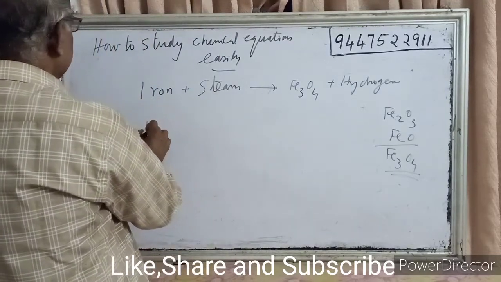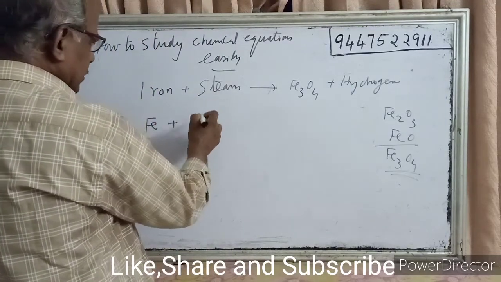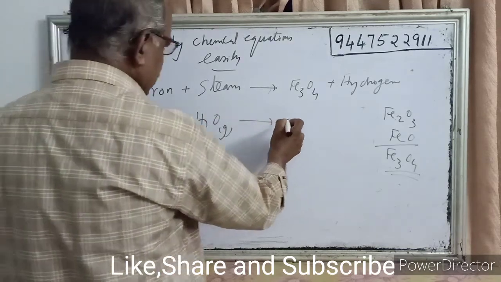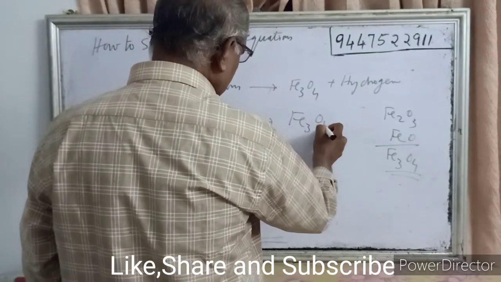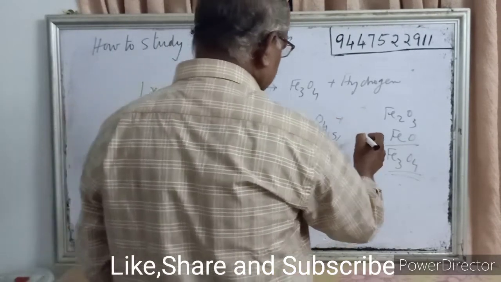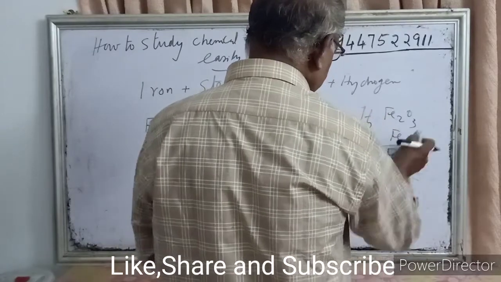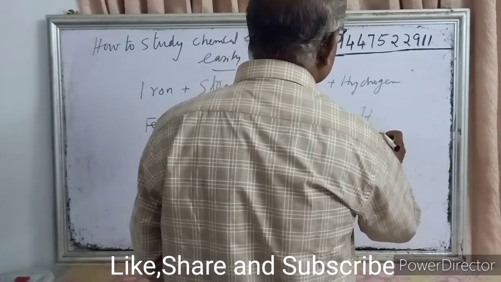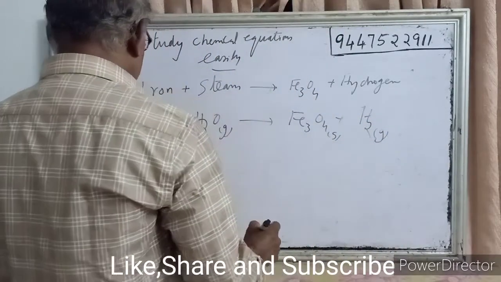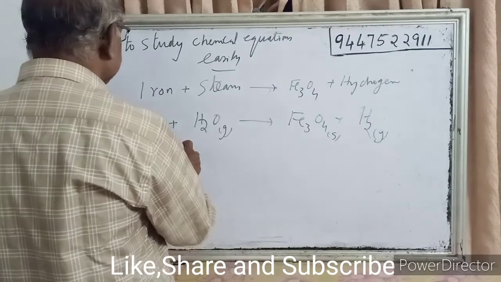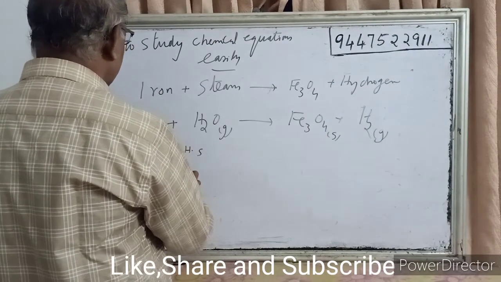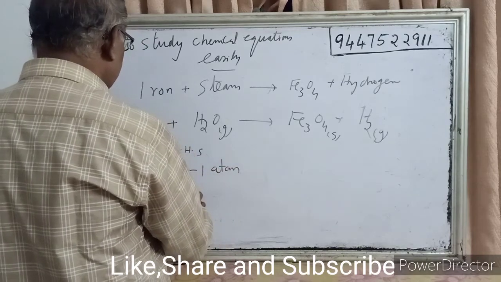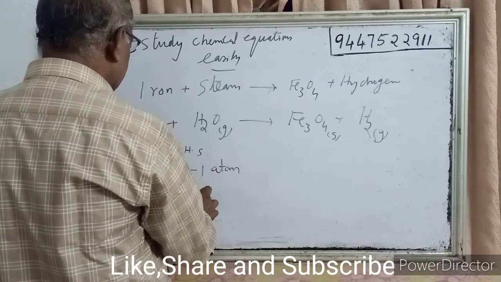So iron, that is Fe, plus steam, H2O gas, gives Fe3O4 plus hydrogen, that is H2 gas. So here on the left hand side, iron has only 1 atom, then H2O gas.